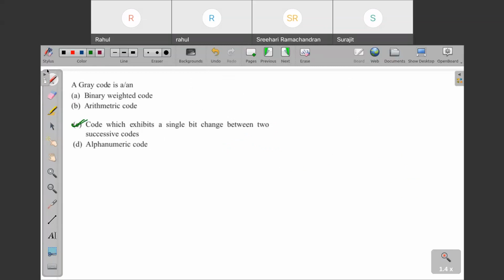What? Pardon? Reflective code? So gray code actually comes under reflective code. Why? Because I told you. See, where is that?